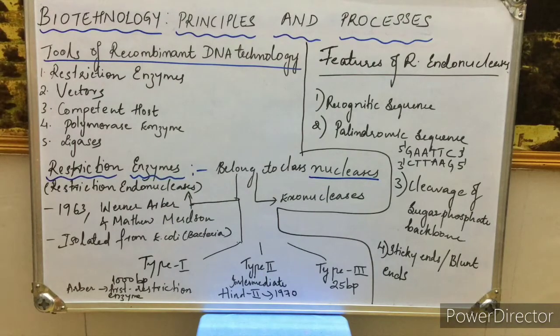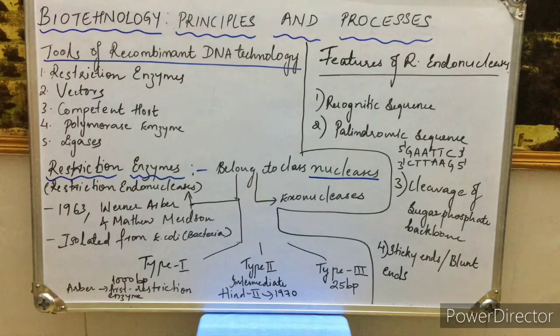This HindII identifies a specific 6 base pair sequence and cuts the DNA there, which is known as the recognition sequence. Now there are almost 900 restriction enzymes.